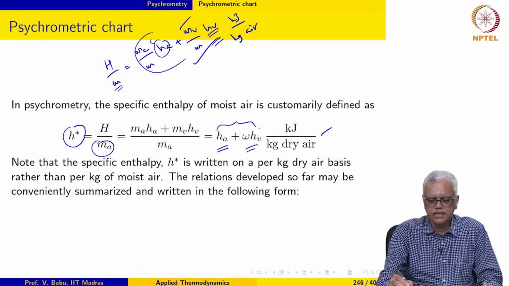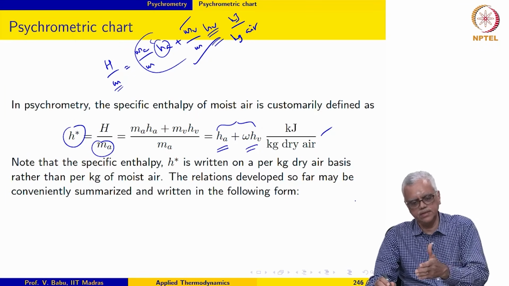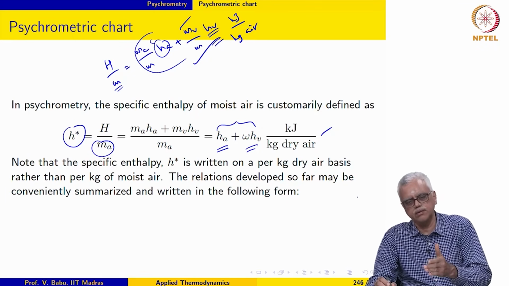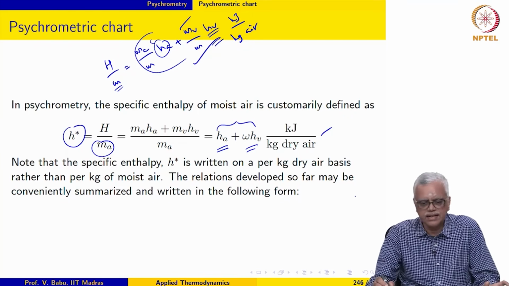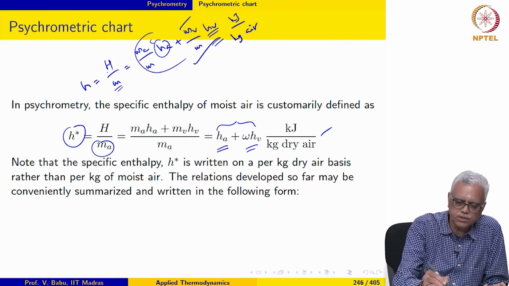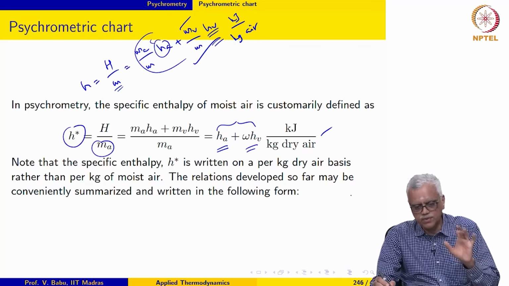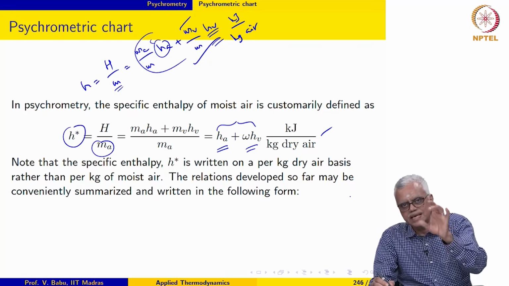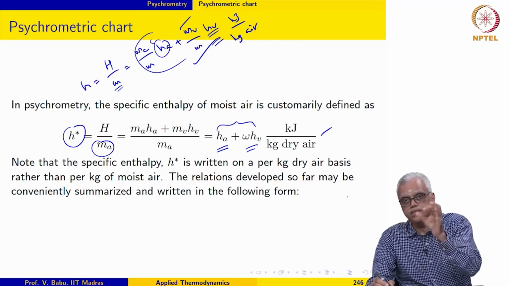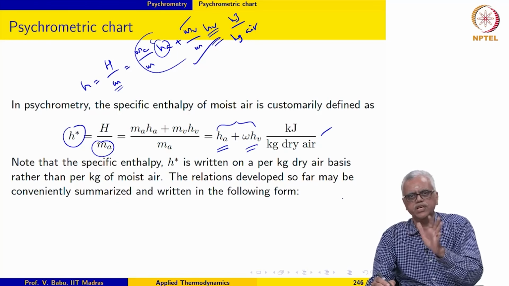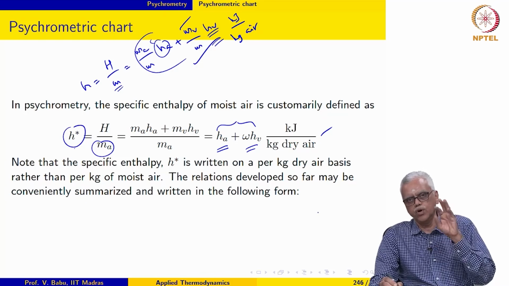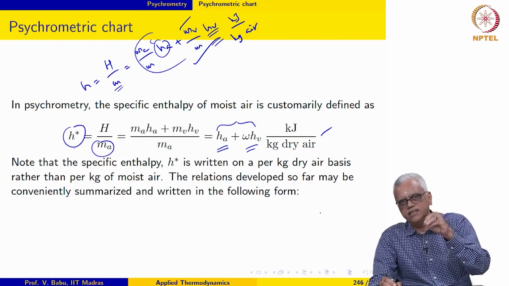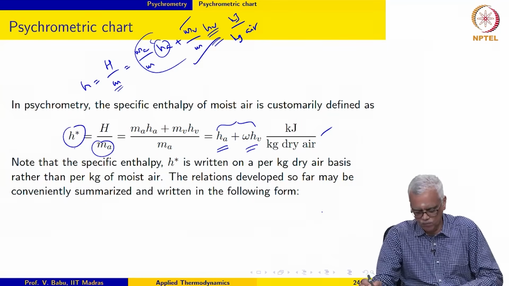H star is what we will use in our examples from now onwards, but we will clearly indicate. So this is the specific enthalpy of moist air on a per kg moist air basis, or per kg air. This is H star, which is specific enthalpy of moist air on a per kg dry air basis.